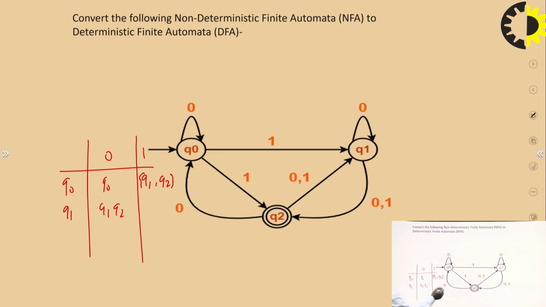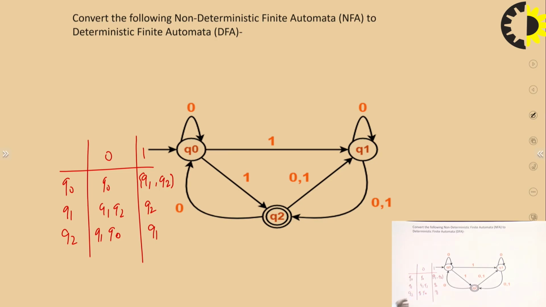Now for q2, on 1 there is no transition. For q2 on 0, that is q1 and q0, and on 1 it is q1.